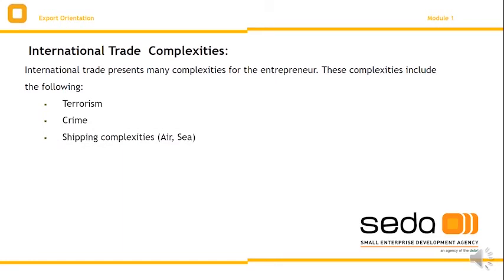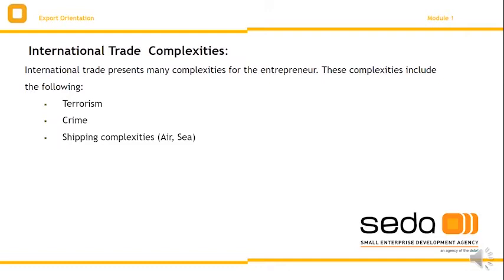Another complexity is what we refer to as shipping costs. Shipping is how you're going to be transporting your goods to the foreign markets. You can transport using the air or the sea. Each of these two has its own advantages as well as disadvantages. You need to analyze which one is suitable for your product. Remember, certain products are more suitable for air, for example, perishable products, because they do not last long and they need to be transported quickly, hence you would use the air.